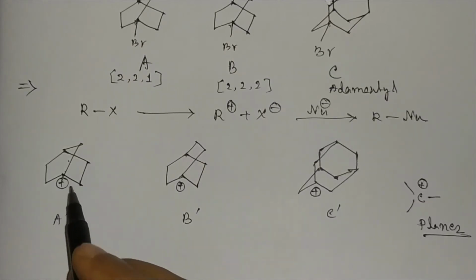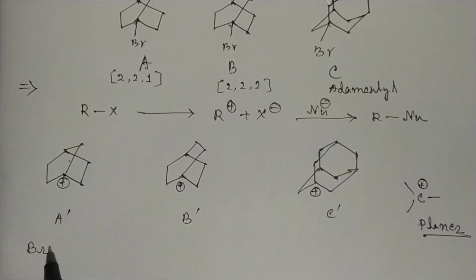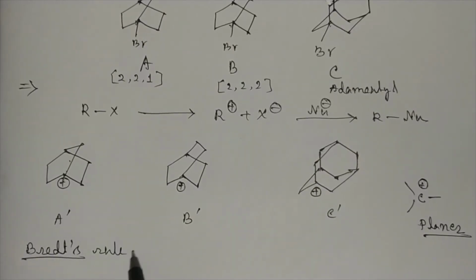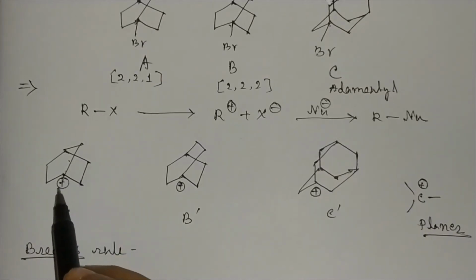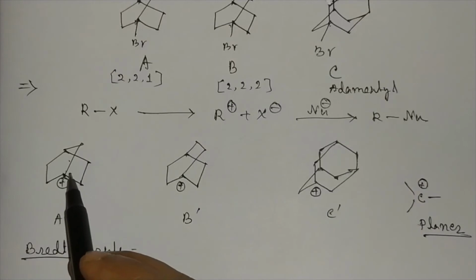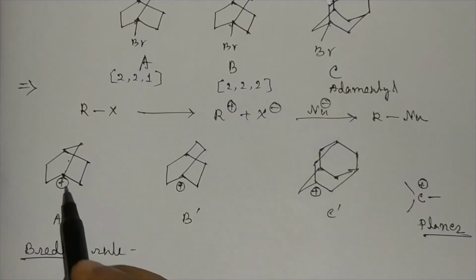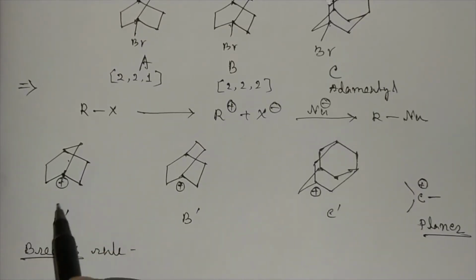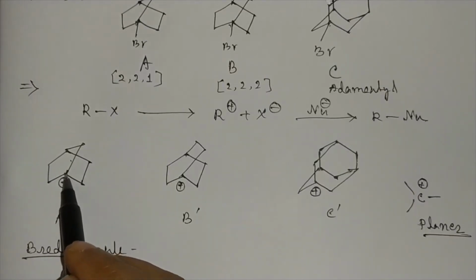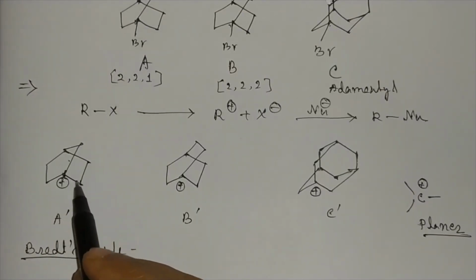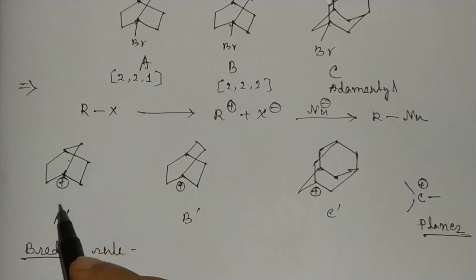According to Bredt's rule, planarity cannot be maintained at the bridgehead position if the ring size is not large enough.